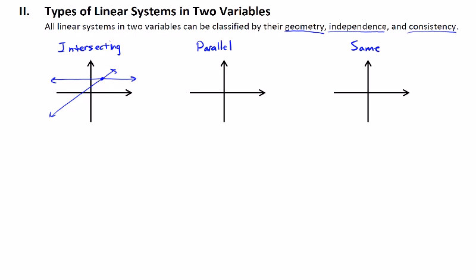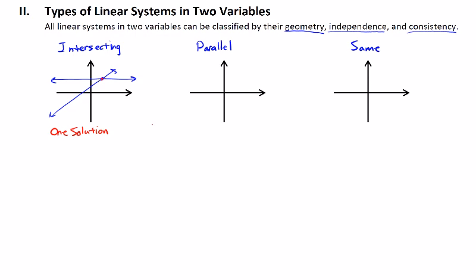That means that there is only one solution to this system. Any point that is on a line is a solution of that line, but there's only one point that would be considered an ordered pair for both of the lines, and that would be the place where they are intersecting. So that would be where the one solution exists for this particular type of system.